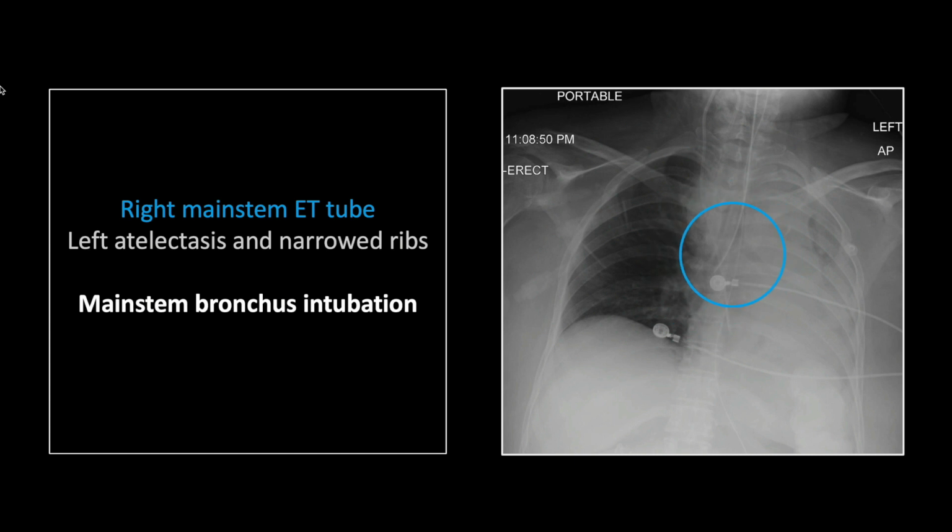There is associated atelectasis of the left lung manifesting as consolidation, volume loss, and narrowed rib interspaces. So again, easily corrected. Typically all that has to be done is to withdraw the tube a certain distance and free up that left mainstem bronchus, getting it into the appropriate position at least 2 centimeters above the carina.